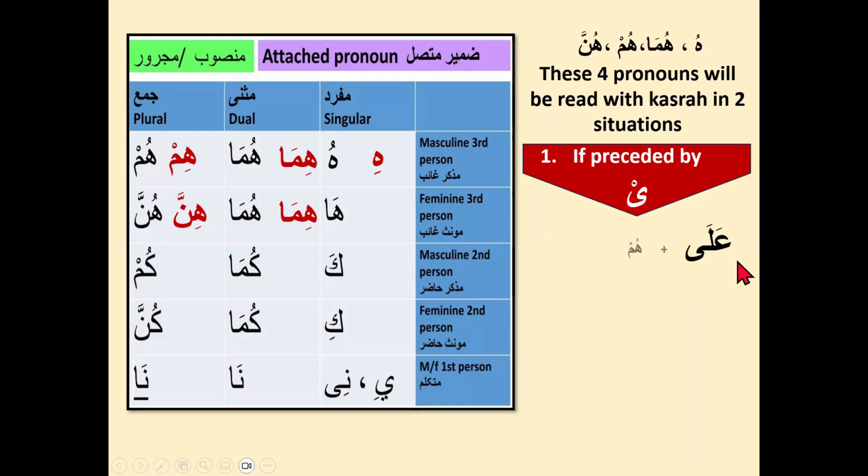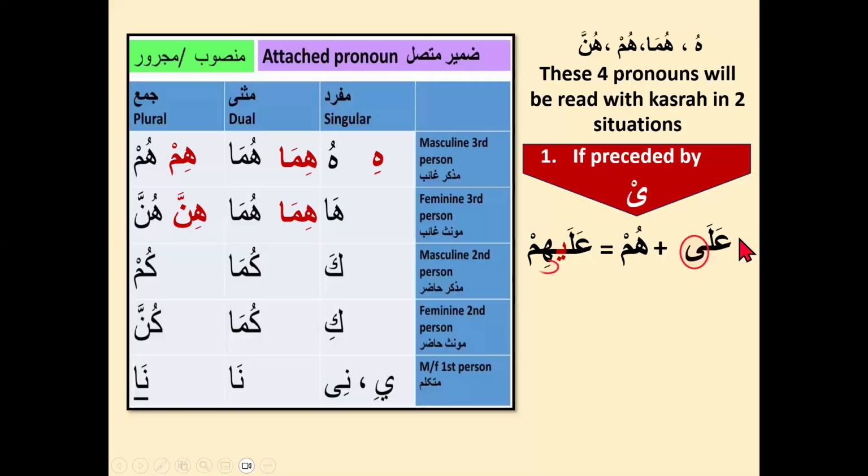So if this pronoun is attached with a word that has a ya before it, because of this ya, this hum will convert into him. So it will become alayhim instead of alayhum.